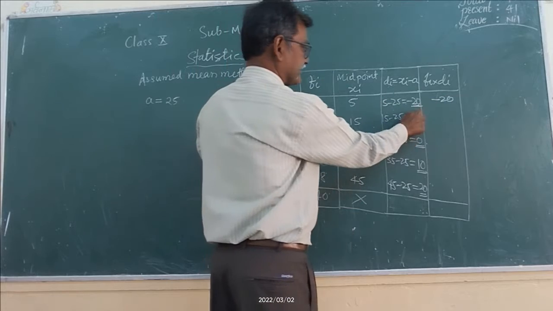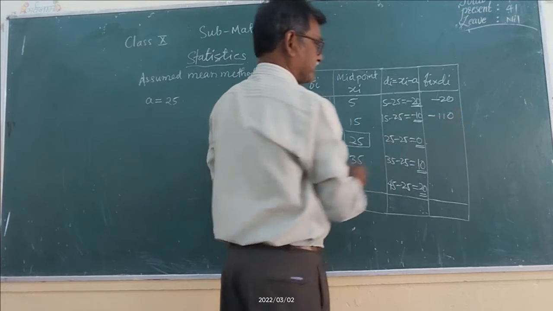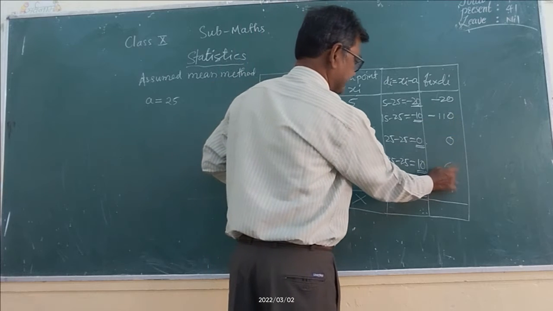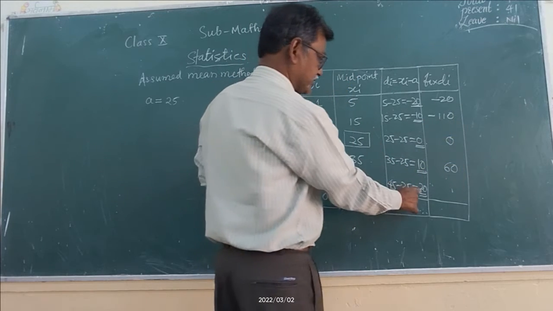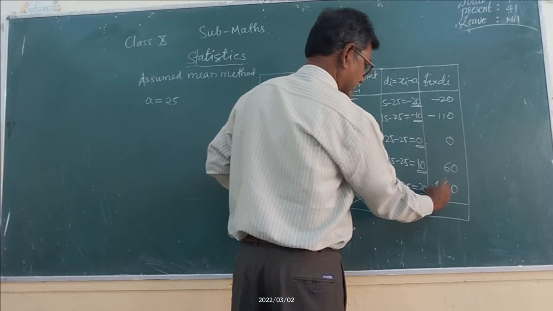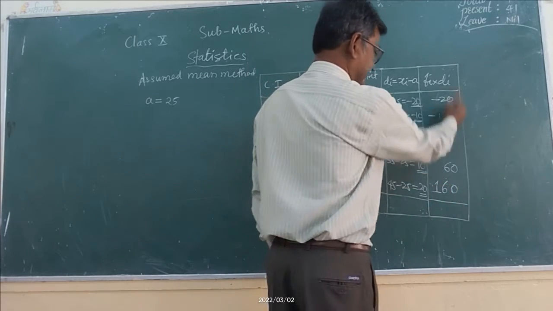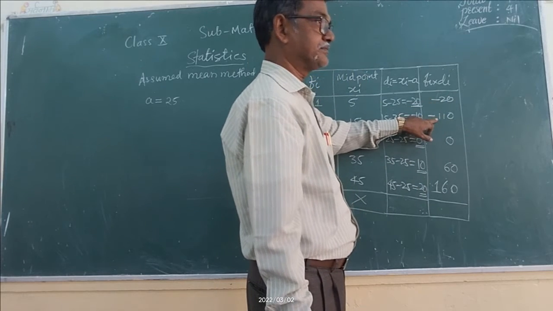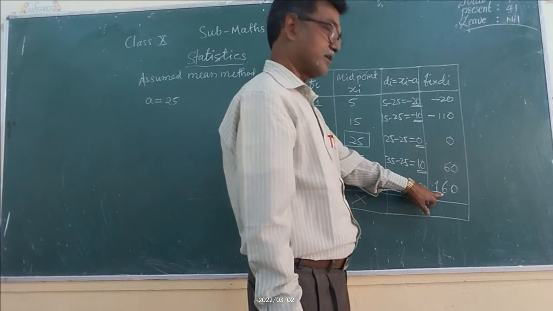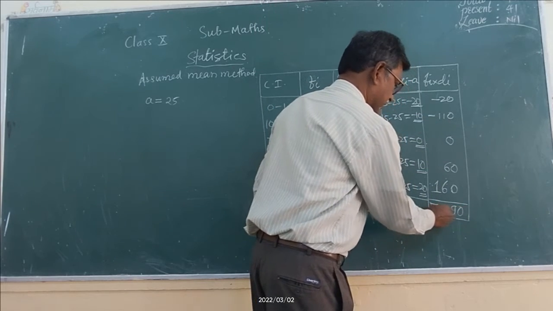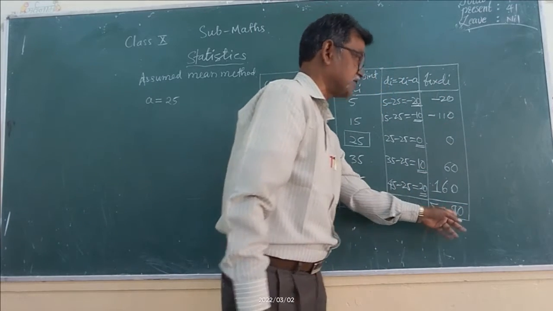Then 1 into minus 20, minus 20. 11 into minus 10, minus 110. This will be 0. 6 into 10, 60. Then 8 into 20, 160. Okay, add it. Minus 130 plus 160 is 30. 30 plus 60, 90. So the sum of this column is 90.